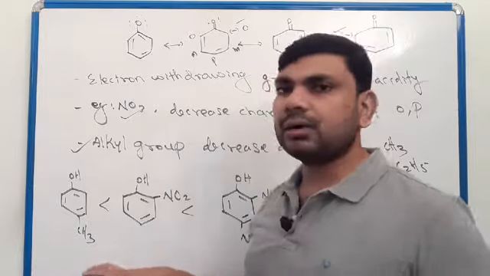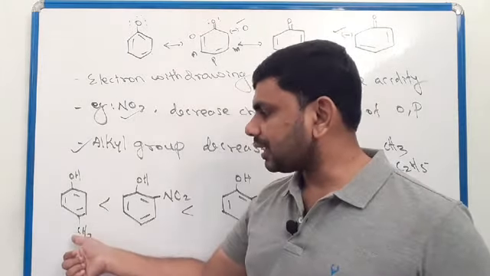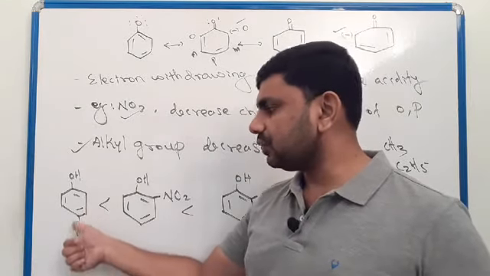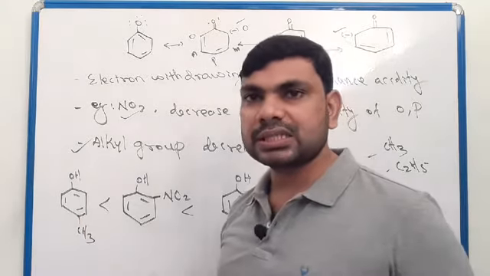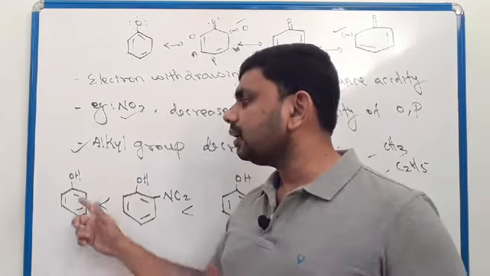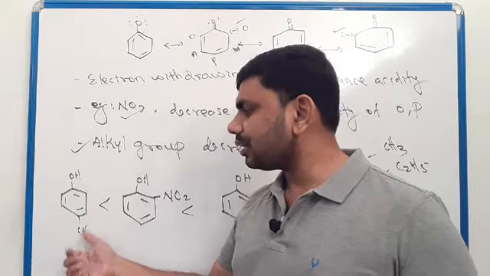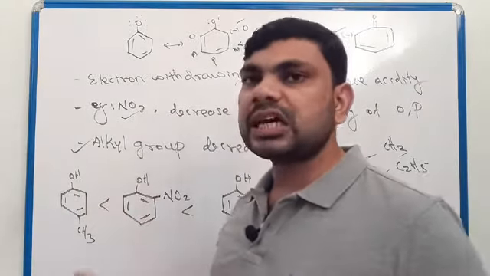So compare one phenol and one phenol with CH3 at the para position, which you can call 4-methyl phenol. Which one is more acidic? Phenol is more acidic compared to 4-methyl phenol, because this is an electron releasing group. Electron releasing groups decrease acidity.